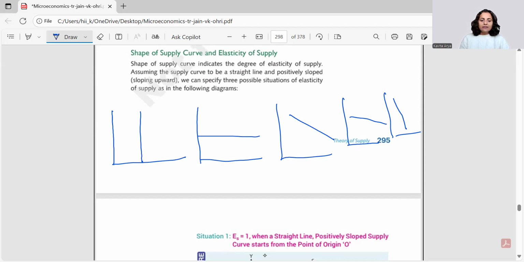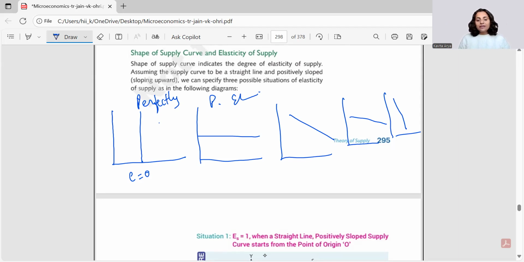The degrees are here. The elasticity was nil. These two cases are with the prefix perfectly inelastic and perfectly elastic. When we say perfectly, these are the extreme values where the numerator or denominator happens to be 0. I'll tell you how and why.